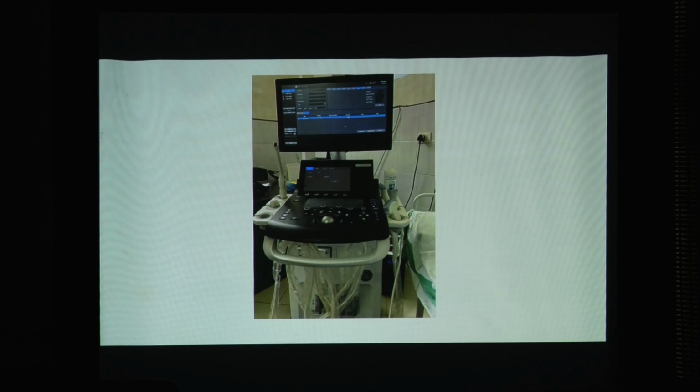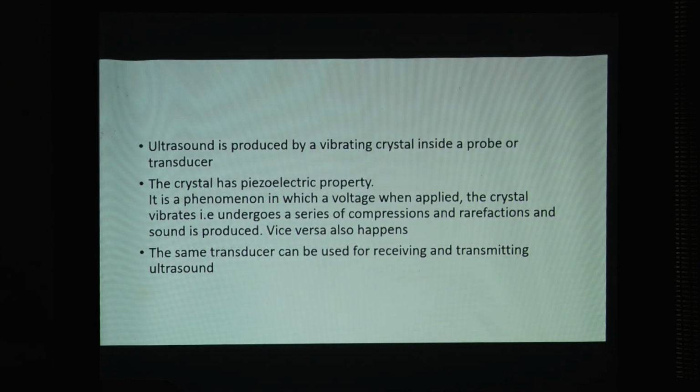This is the ultrasound machine in Institute of Diabetes. Ultrasound is produced by a vibrating crystal inside a probe or transducer. The crystal has piezoelectric property. It's a phenomenon in which when a voltage is applied, the crystal vibrates and undergoes a series of compressions and rarefactions to produce sound.